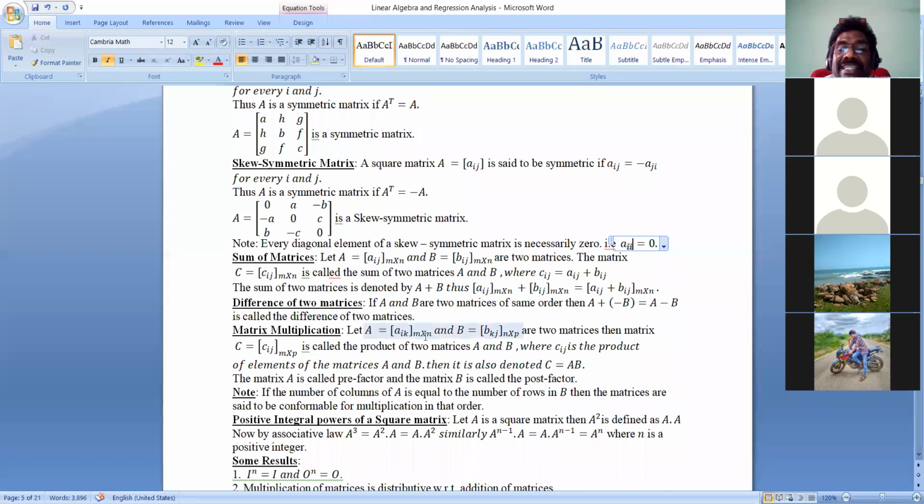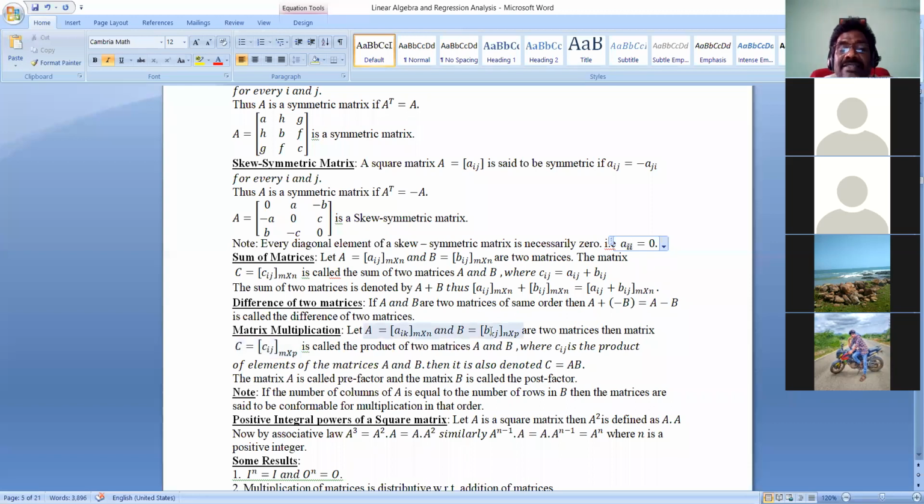If A is 3 by 2 and B is 2 by 1, then the resultant matrix is only 3 by 1. This is the way to multiply two matrices.